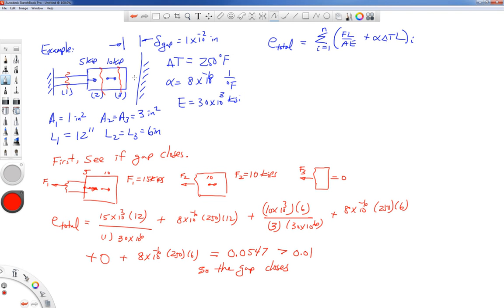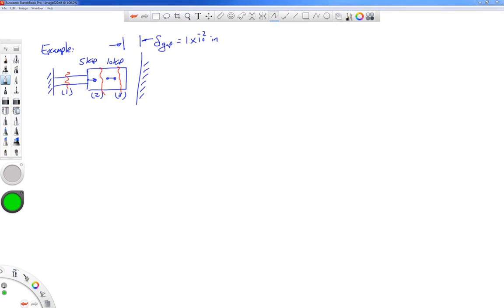Okay, let me pause here and put up a new free body diagram to explain what this looks like now that the gap is closed. All right, now switch colors here. So now that we know that this gap closes, the free body diagram for this structure is that we have an unknown force on the left and an unknown force on the right.